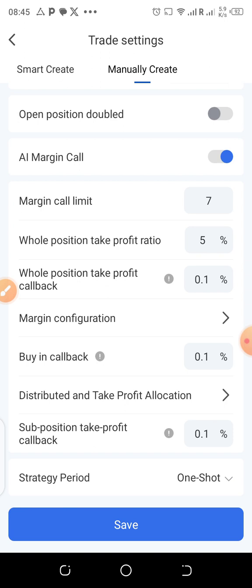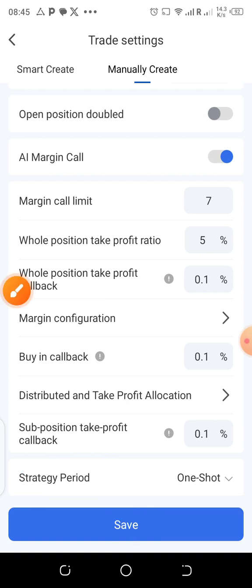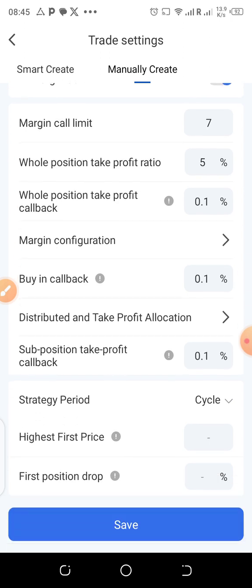Then here strategy period. It must be on one shot. If you tap here where you are seeing strategy period, then on your right side there is one shot. If you tap there, it is going to show cycle.